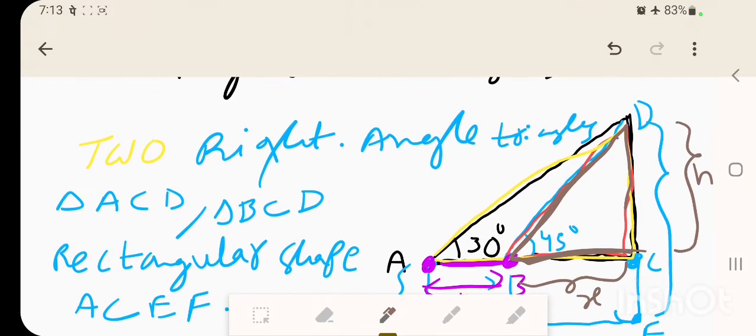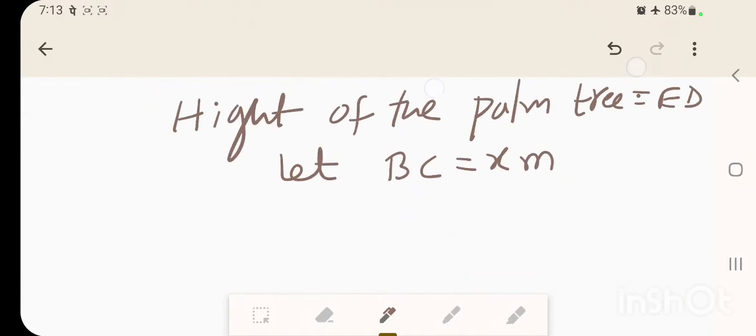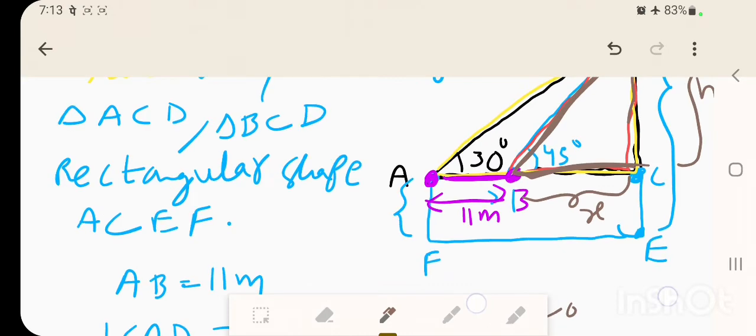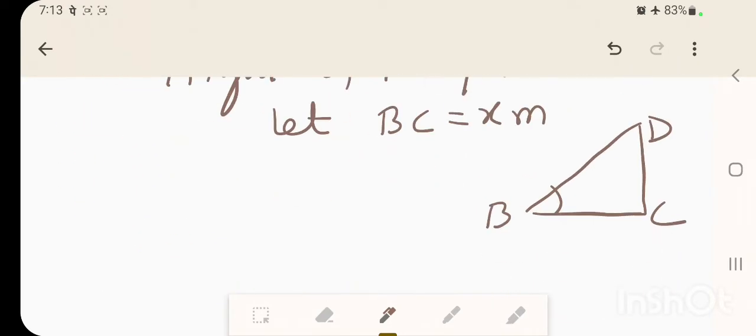Now if you observe triangle BCD, it is a right angle triangle. I will draw it separately to have a clear idea. Here we have right angle triangle BCD, and the angle of elevation at B is 45 degrees.